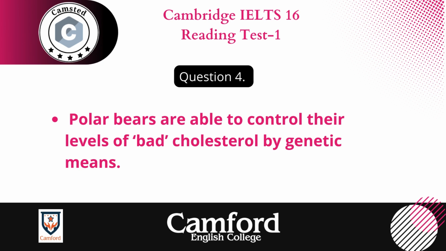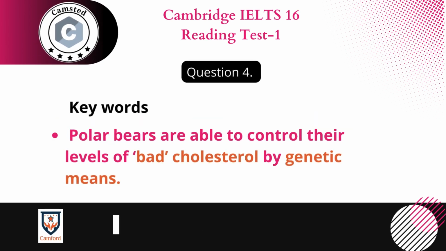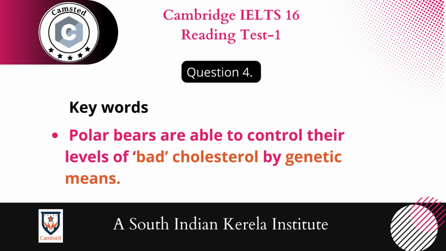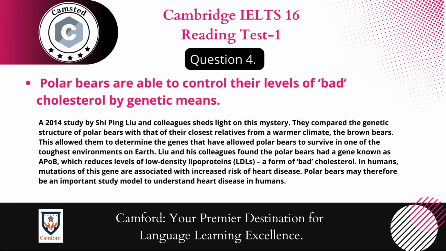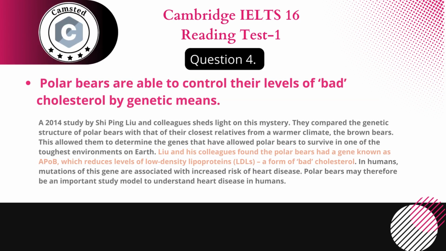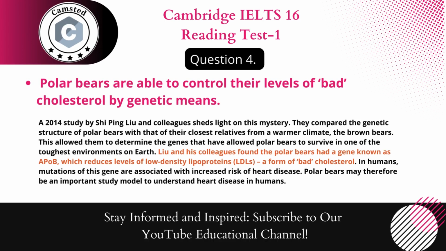Now we have to find out whether the polar bears are able to control their bad cholesterol or not. So we will have the keywords as bad cholesterol and genetic means. So let's find out where it is. If we see the second paragraph, fourth line, we will see that the information is mentioned there.